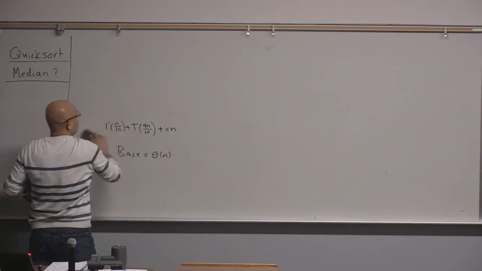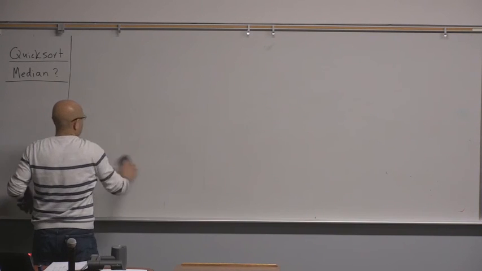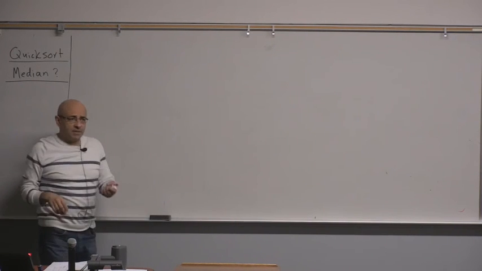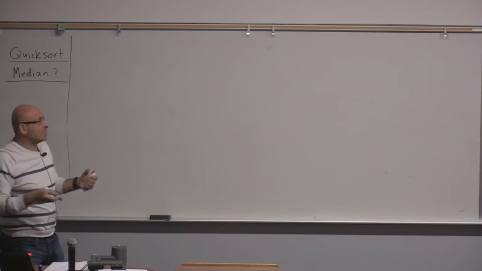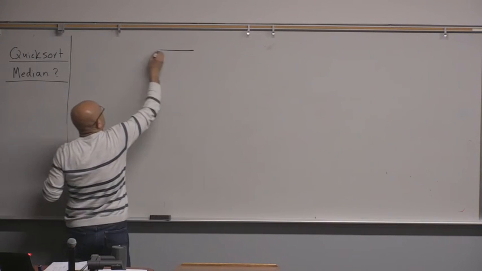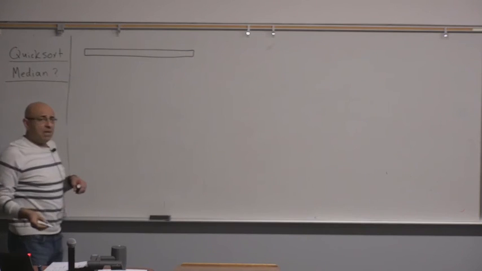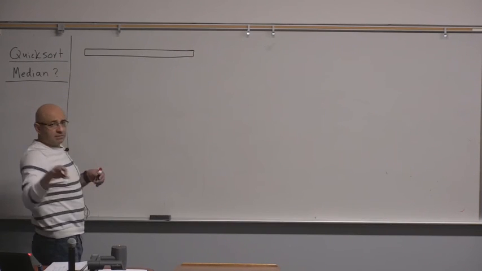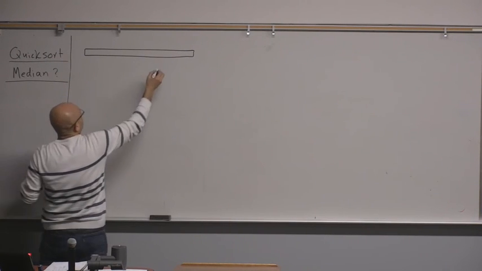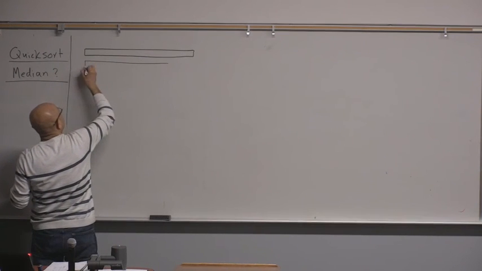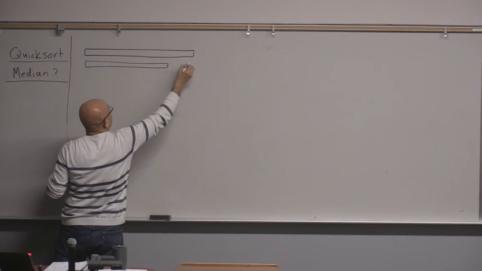But in reality, the ratio is not going to be the same at all levels. So in reality, we expect something like we start with this, then maybe we get unlucky at level 0, so we'll have a bad partitioning like this.